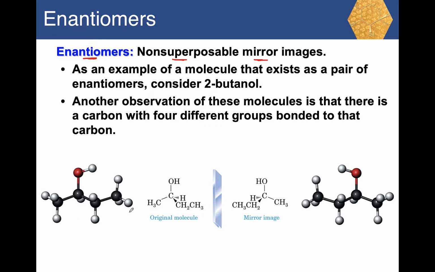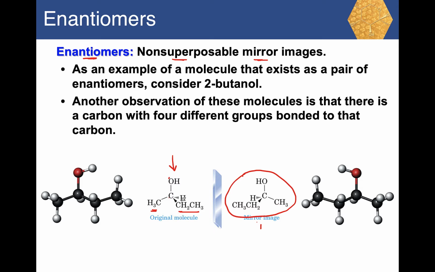Here is a carbon that has 4 different groups bonded to it: a methyl, an ethyl, an OH, and a hydrogen. Here's the mirror. So the mirror image here is this molecule. Let me circle it. This molecule is different from that molecule.